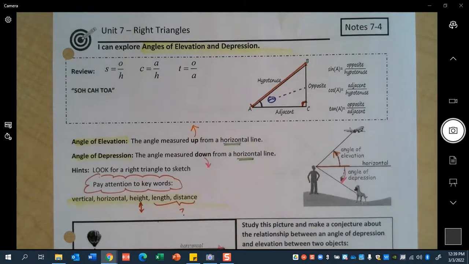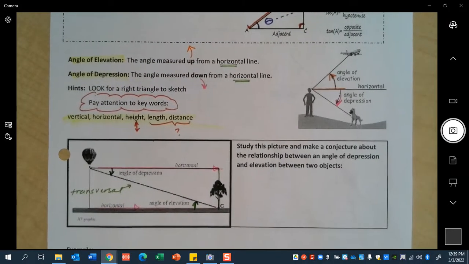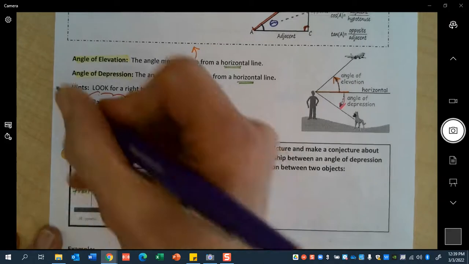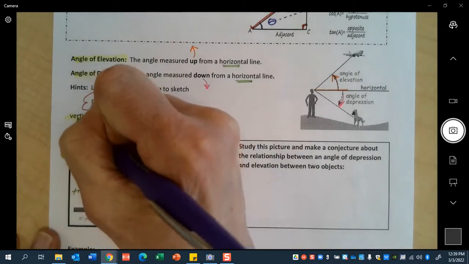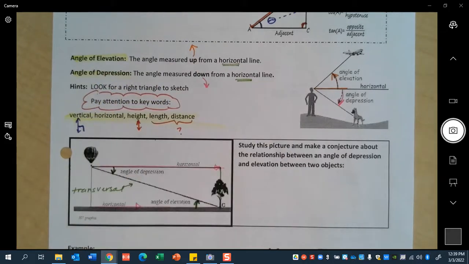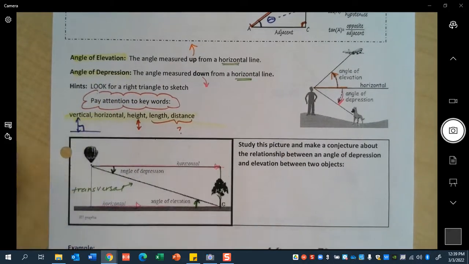Whenever we're drawing our triangles in these application problems, we want to make sure that we pay attention to key words. Every time you hear the concept of vertical, that represents an up-down conversation that forms a right angle with either the ground or the desk, the table, whatever.